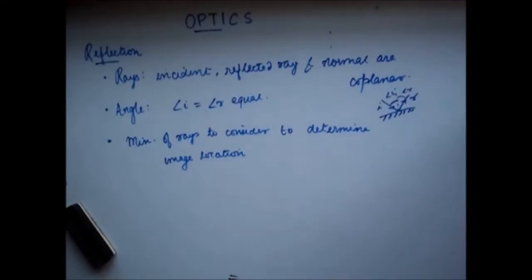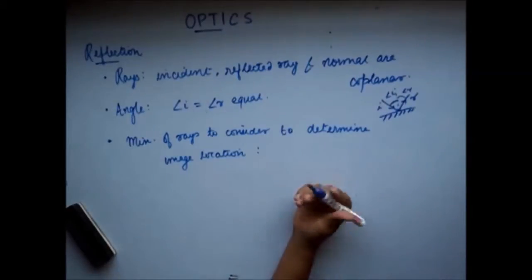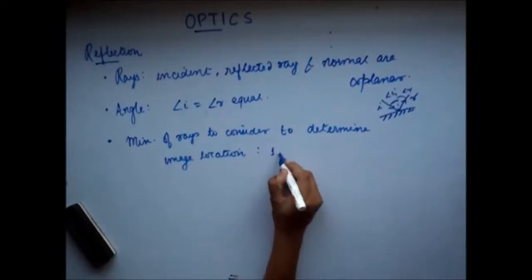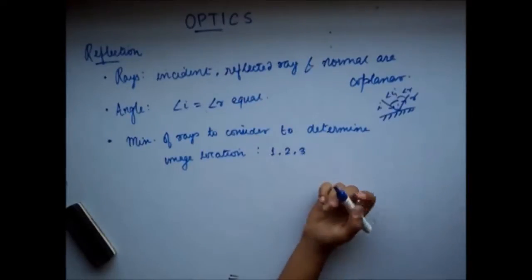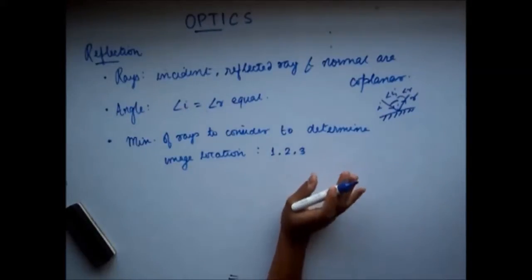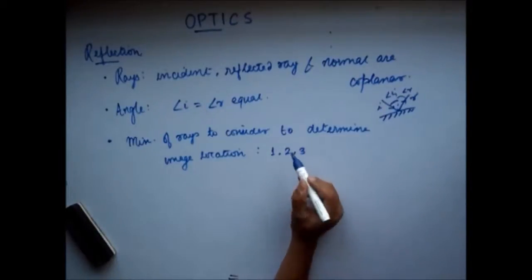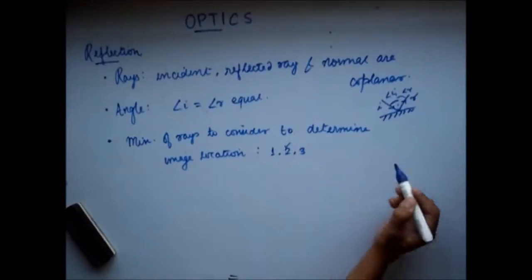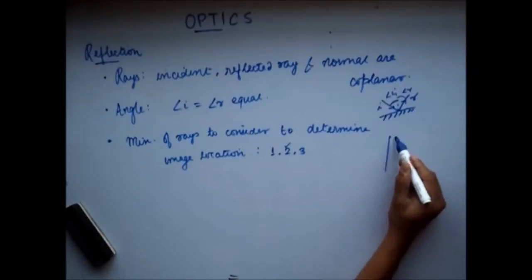So what is the number of rays required to consider to determine image location? The answer is how much? 1 or 2 or 3? You tell me which is the answer. Okay. Hope you have thought over it. The answer is 2. Let's see how.